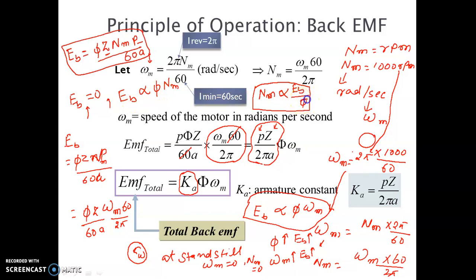From here, motor speed equals EB by phi. If phi decreases, if phi is small, then the speed will be high. If phi is 0, what will happen? If you make this flux 0 by any means, then the speed of the machine will become tremendously high.